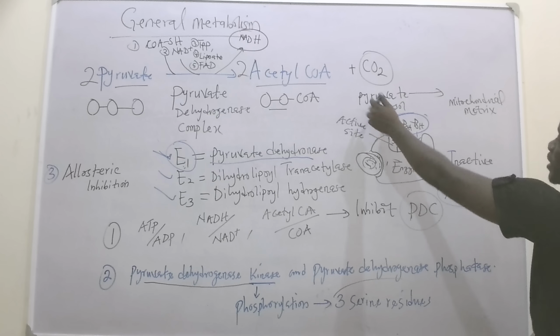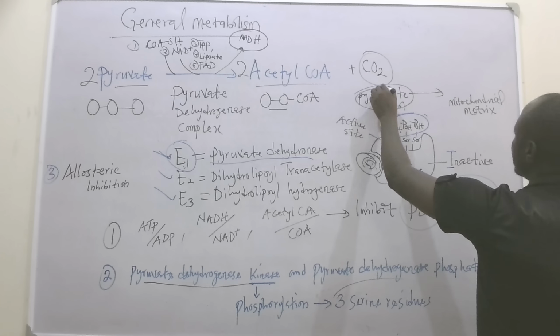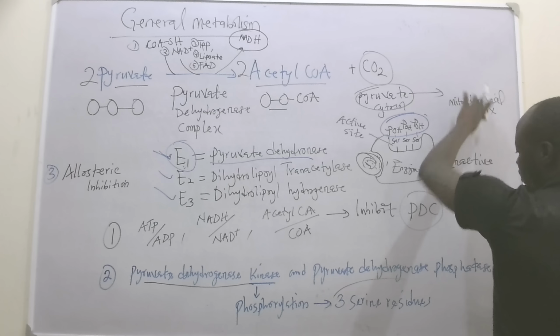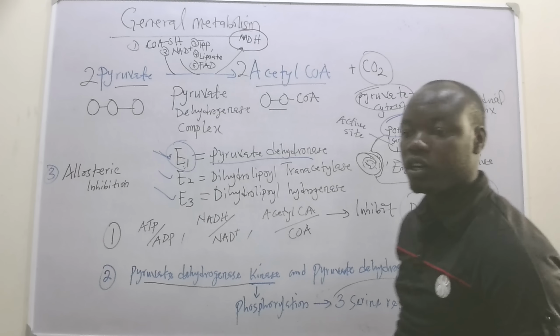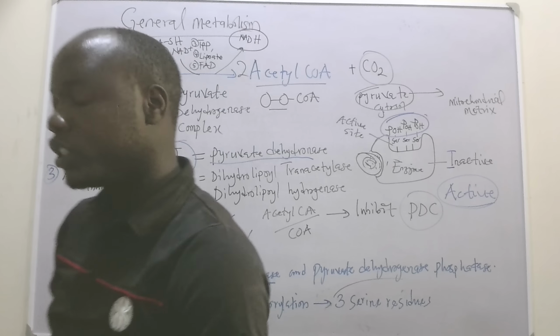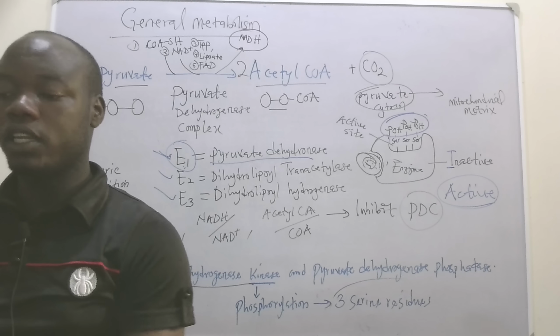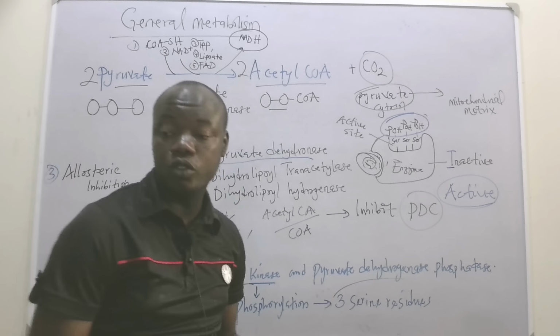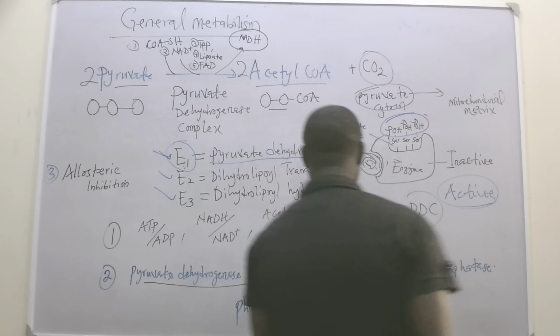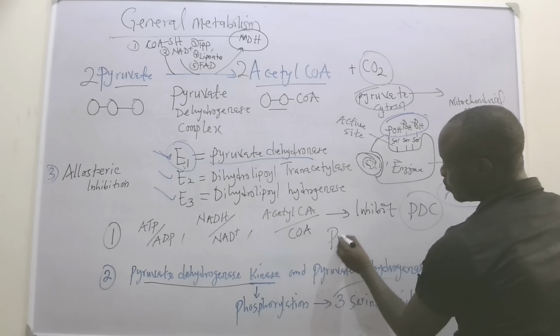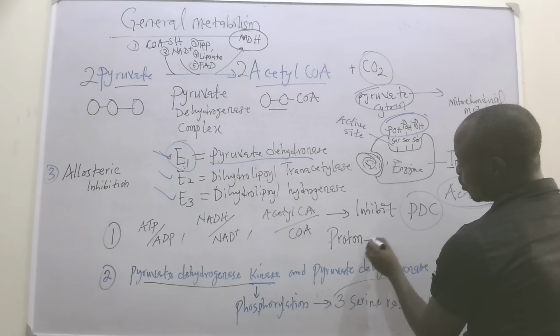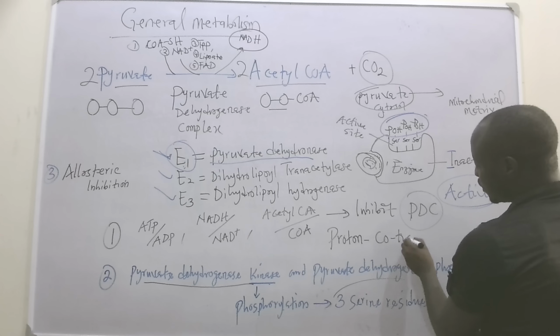So actually the type of transport used by these pyruvates to the mitochondrial matrix, we call it proton co-transport. Sorry, proton co-transport.